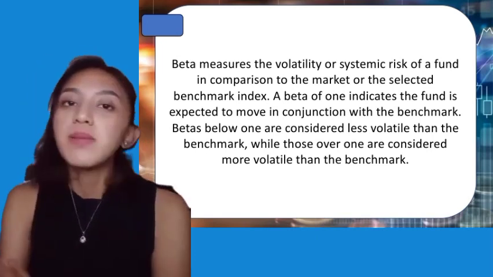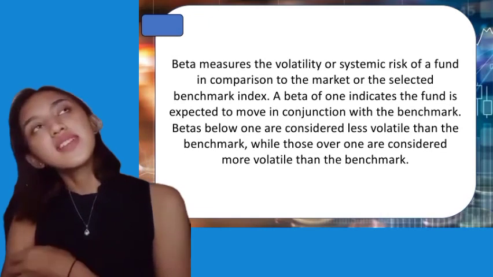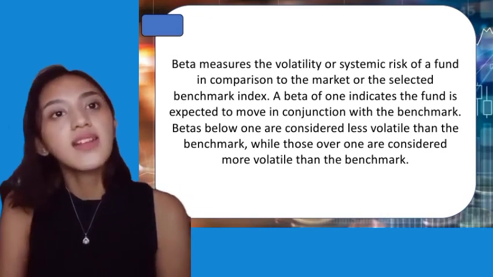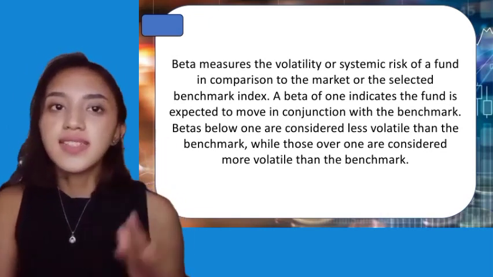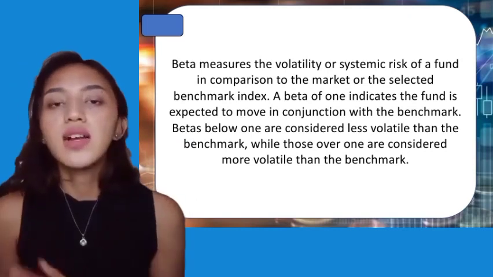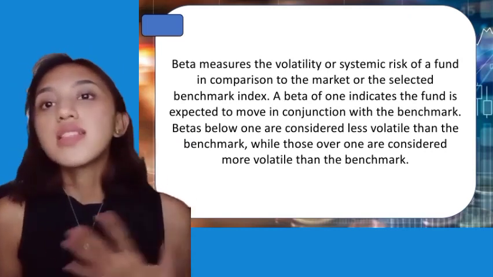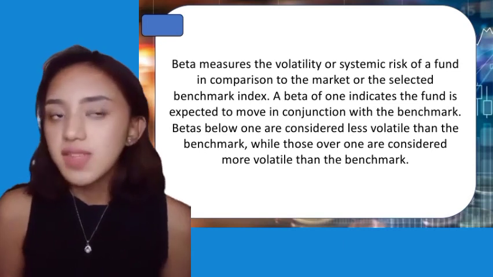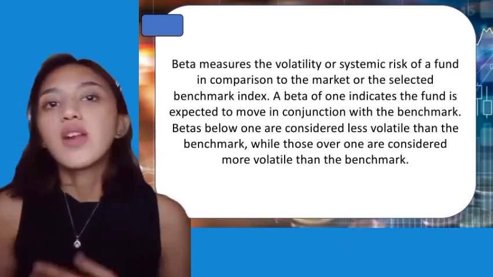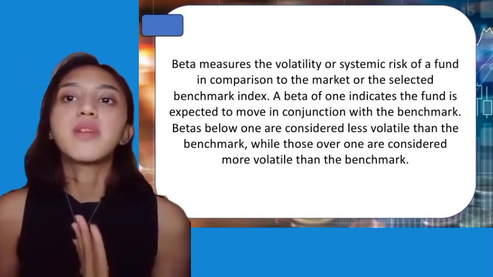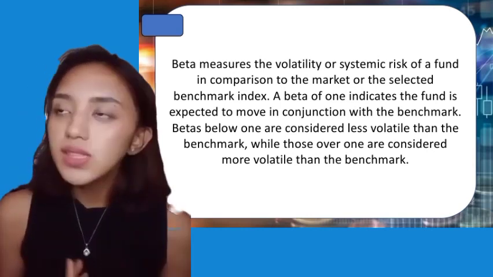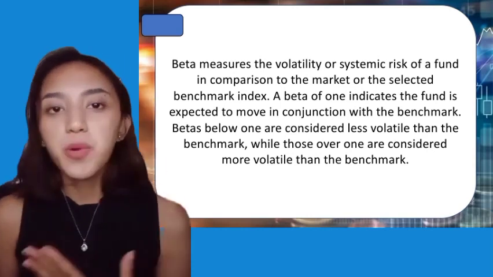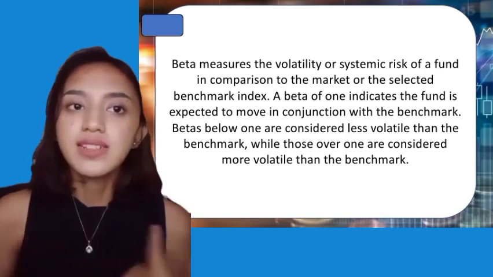Likewise, when you have a beta less than 1, the stock is less sensitive than the index. So if the stock you're interested in has a beta of 0.7, that means for every 1% move in the market, the stock will only change by 0.7%.